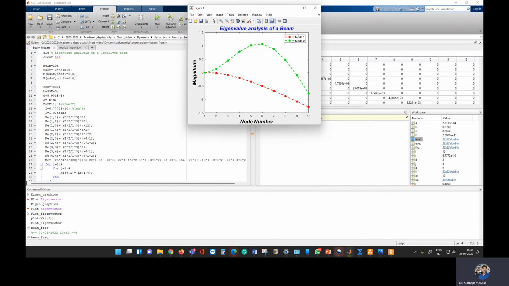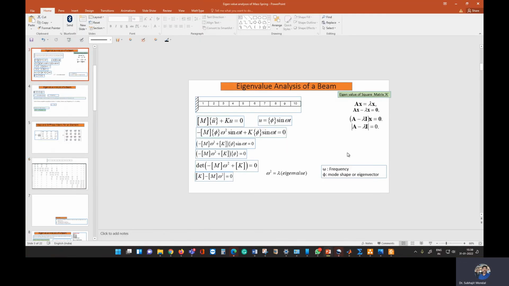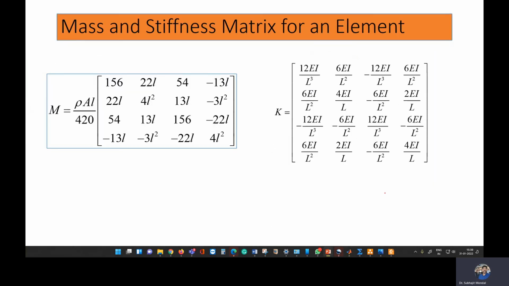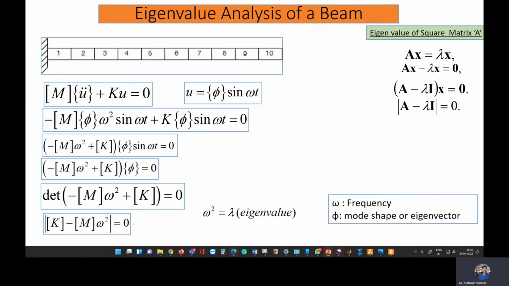That equation is very similar to the eigenvalue solution of a beam. If the mass matrix becomes the identity matrix, it will be the same. But the mass matrix normally does not come as an identity matrix, so this will not be the same. Here we will have the mass times lambda, or mass times omega square term, and we have to solve it.